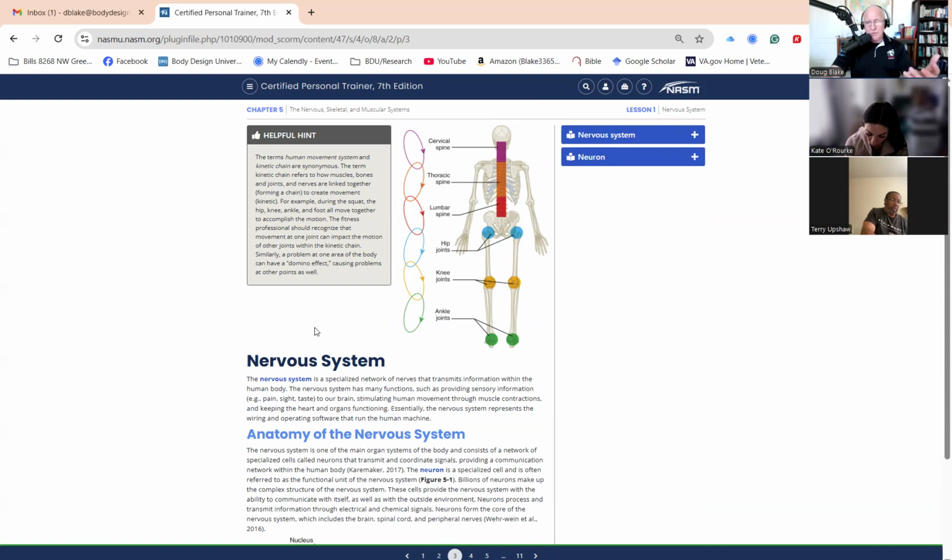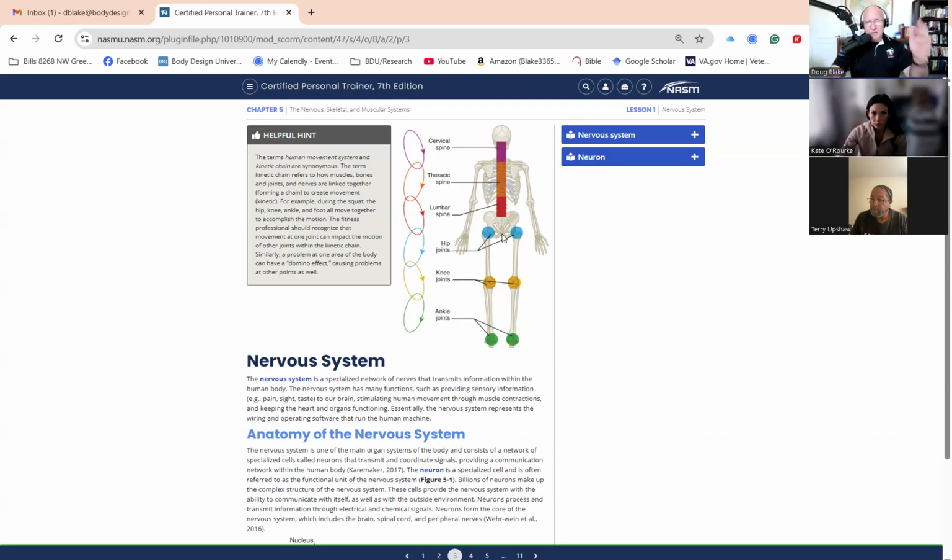Now, they're starting with the nervous system, which is fine. And you'll notice that in this figure, they're giving you just a rough outline of the spinal column. So the cervical, right up towards the head and neck, thoracic spine, that's going to be the area in your quote thorax or the upper part of your chest or upper back area, down to your lumbar spine.